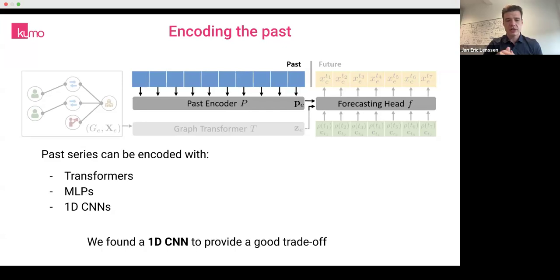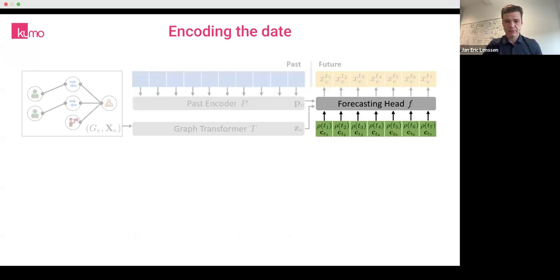And we found that these are actually quite good. They provide a quite good trade-off to encode the past time series, and you can also have a variant which explicitly decomposes the trend component from seasonality components, for example. So you can do that, and then it produces you a feature which you can then provide to the forecasting head for a specific product in this case.